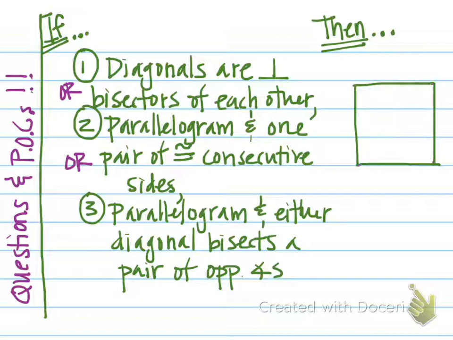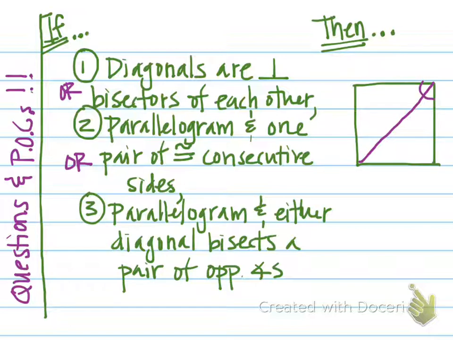Or number 2, if you have just proven that you have a parallelogram using one of those 5 tests, and you can show that you have at least one pair of congruent consecutive sides, so two sides next to each other would have the same length, or number 3, if you have just proven that you have a parallelogram by one of those 5 tests, and either of the diagonals bisects a pair of opposite angles.